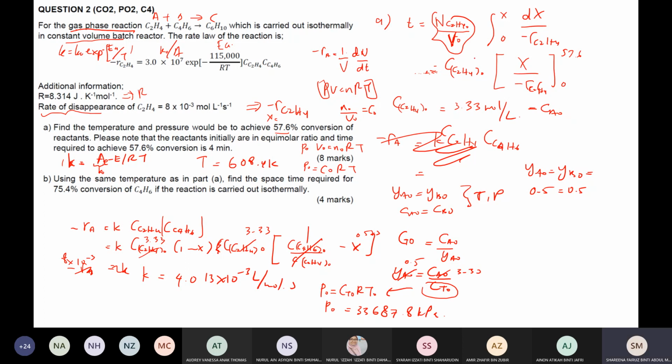Okay, so far faham ke? Risau pula I all. Faham ke? Sebenarnya diguna macam back to ideal gas law punya equation, dengan rate law.